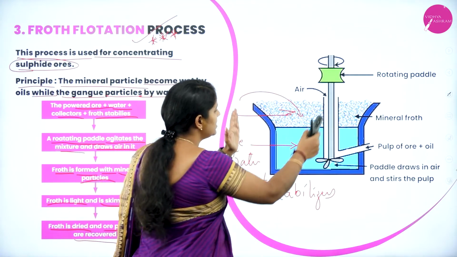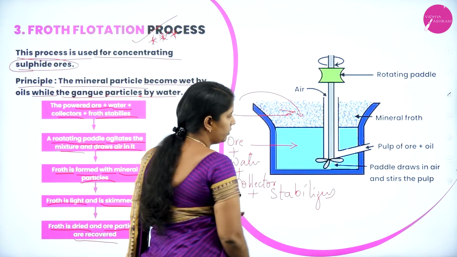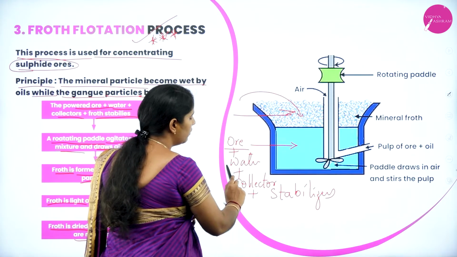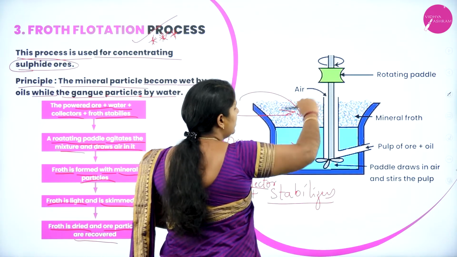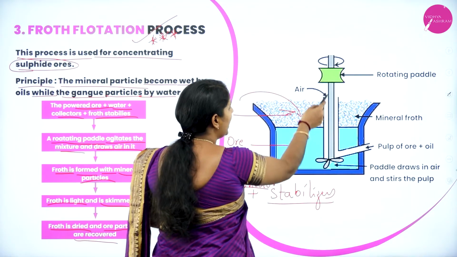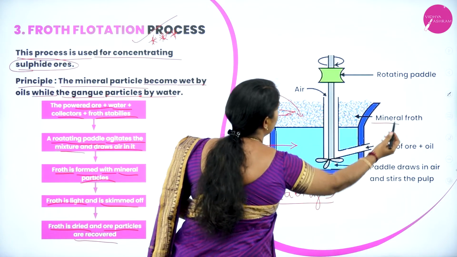Remember, in this large container, they introduce the rotating paddle, and they have taken the mixture of ore, water, collector and a stabilizer. When the rotating paddle is continuously rotating, the air comes out. At the same time, the froth will be developed.